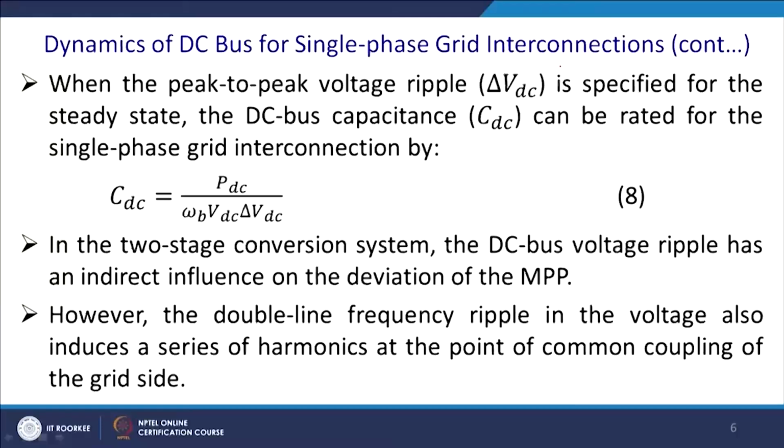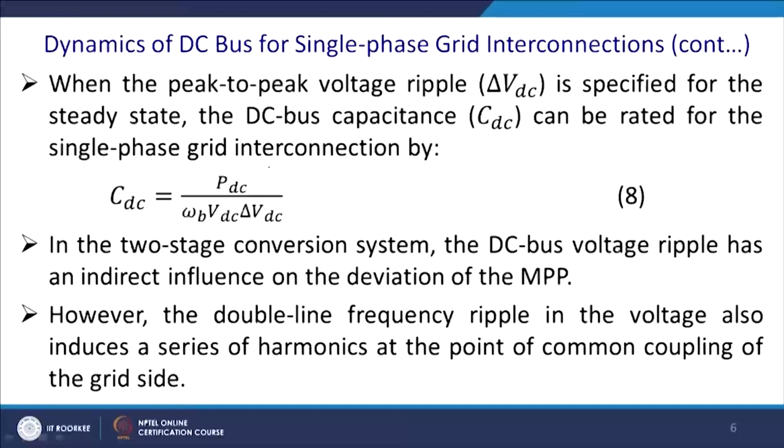The same thing definitely applies when the peak to peak voltage ripple V_DC is specified for the steady state, that you should have this much of the DC link voltage, and the DC bus capacitor C_DC can be rated for the single phase grid connections, and ultimately this will be given by this. So, C_DC equals P_DC over omega V_DC into delta V_DC.